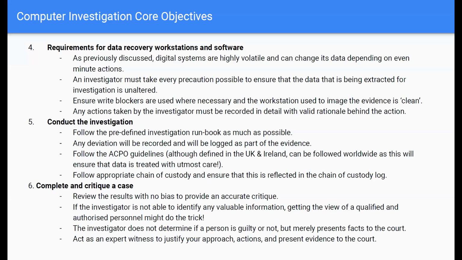Basically, provide all the facts as is, provide as much information as you can, because the whole point of the defense is to show that you are not right or you don't know what you're doing. They don't even need to prove that you're wrong. If they can prove that you don't know what you're doing, then that's all the information the judge would need to say, well, if you don't know what you're doing, then this evidence is useless.